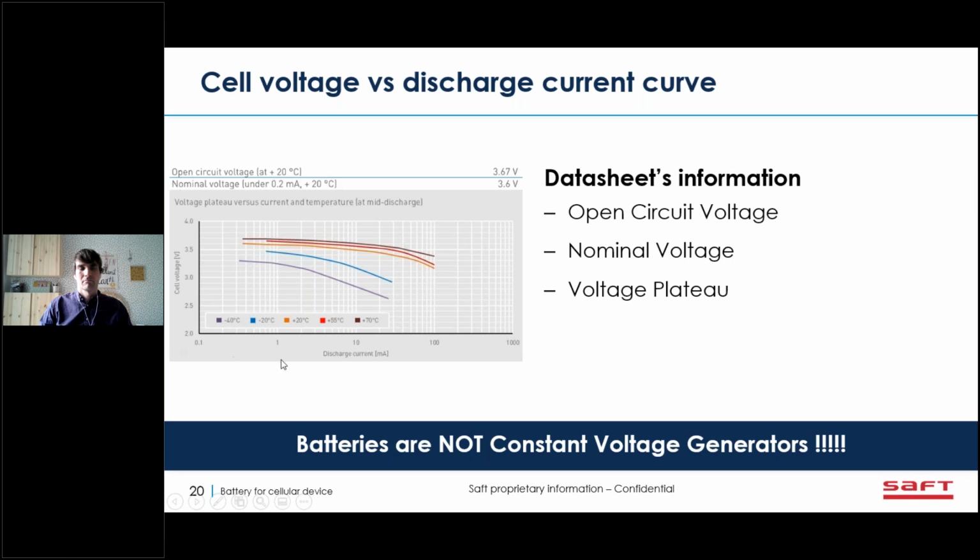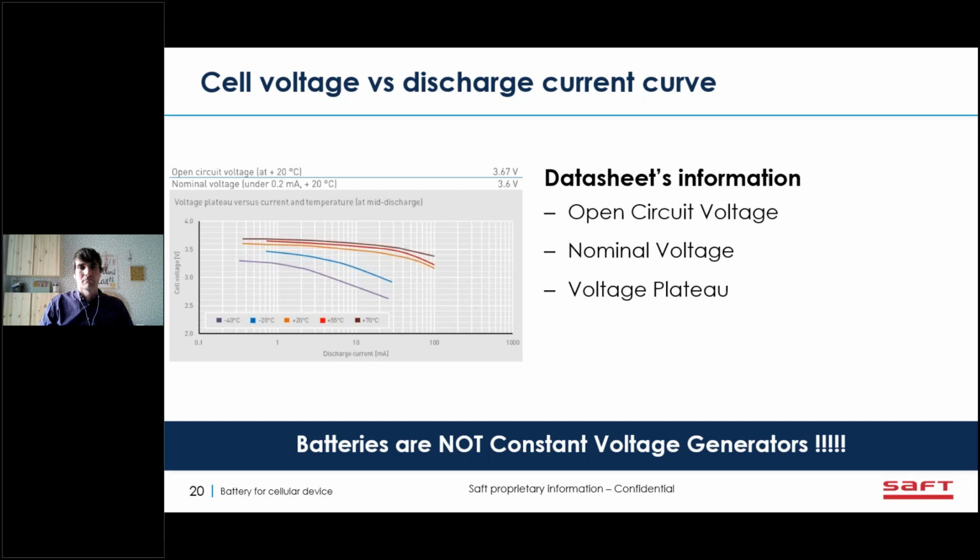And I can also find different curves of the cell voltage versus the discharge rate for different temperatures. Typically, when you look at such information, batteries are not constant voltage generators. Voltage means potential difference and depends on the current level delivered to the load, to the application.